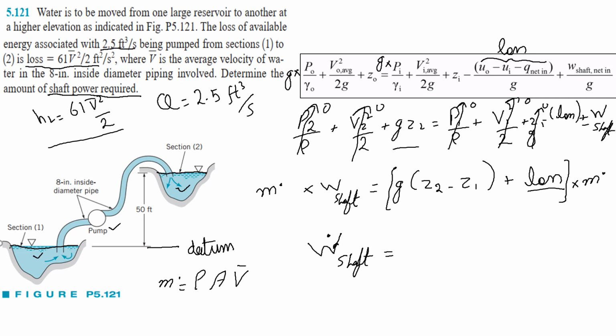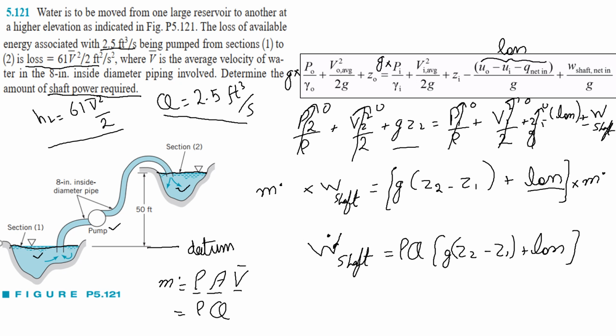We don't know our average velocity as of yet. We can find our area, we know our density. So we are going to use the volumetric flow rate to find the mass flow rate, or we can represent the mass flow rate as rho Q. So we can write it as rho Q times (g (Z2 minus Z1) plus the loss).